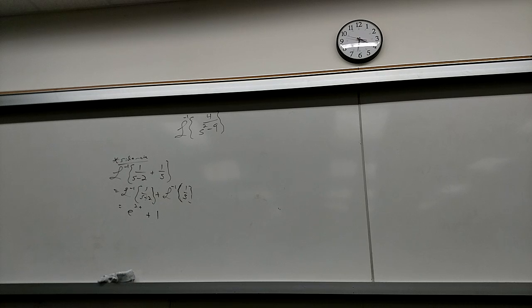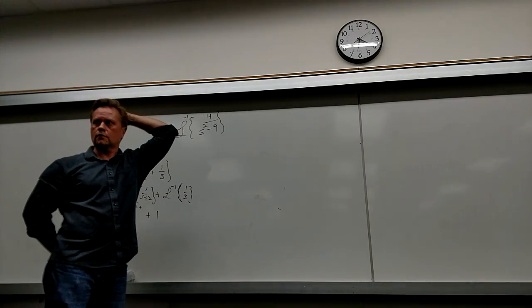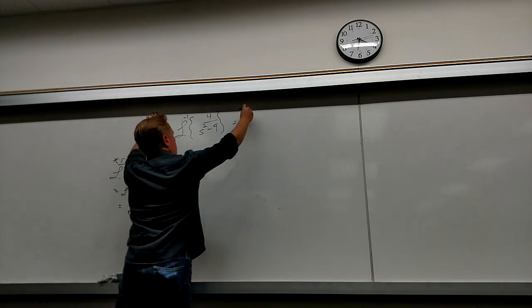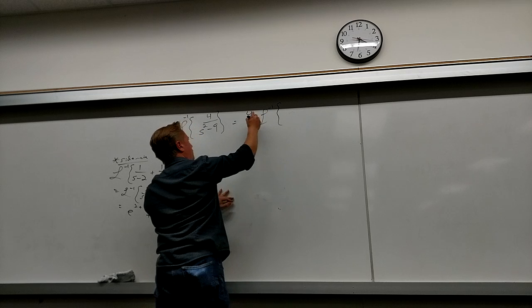Cosh is the one that requires the top be dependent on s. Sinh is the one that says the top can be any constant it wants to be. So this has got to be related to sinh because there is no s on the top. I can't make an s show up. It is constant. I can take a constant in and out. So what should be on the top if I want to make it match up? 3. So all I have to do is take the 4 out. And how do I make a 3 show up in there, of course? Sort of gave it away there.